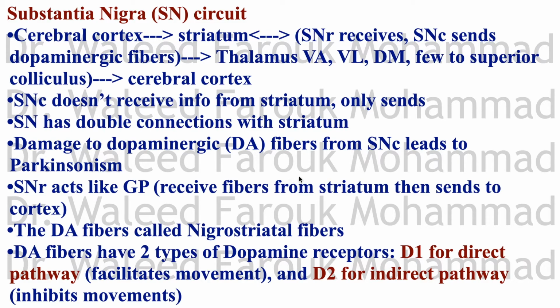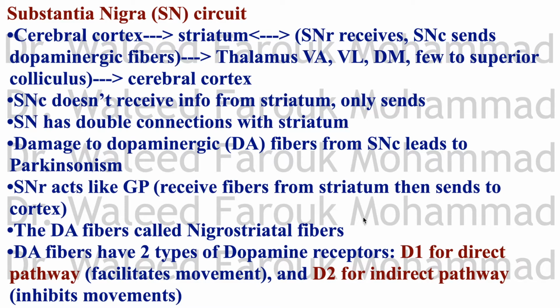Dopaminergic fibers also, when they examine them, have two types of dopamine receptors. Those called D1 receptors activate what's called the direct pathway of the circuitry of the basal ganglia, the end result of which is that it facilitates movement.